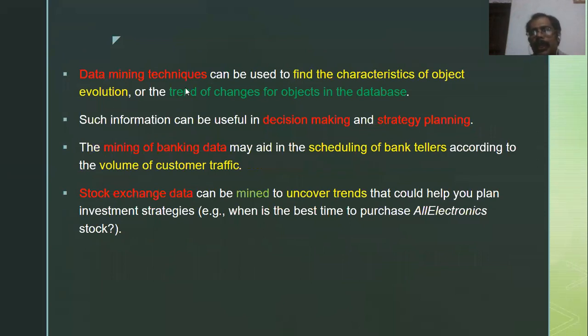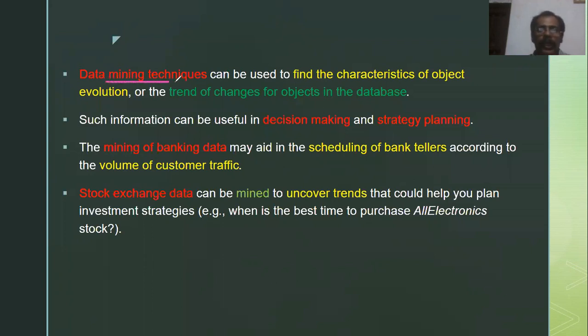Data mining techniques can be used to find the characteristics of object evolution or the trend of changes of objects in the data. How is data mining performed in temporal, sequence, and time series databases?